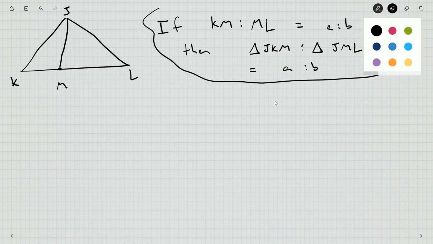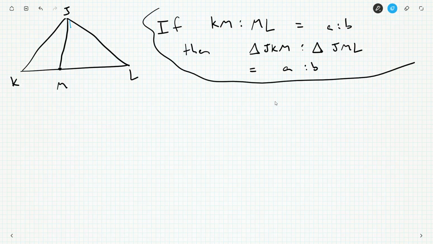If you want to, you can prove it. It's the exact same proof that we have in the last part. So call this A times X, call this B times X.